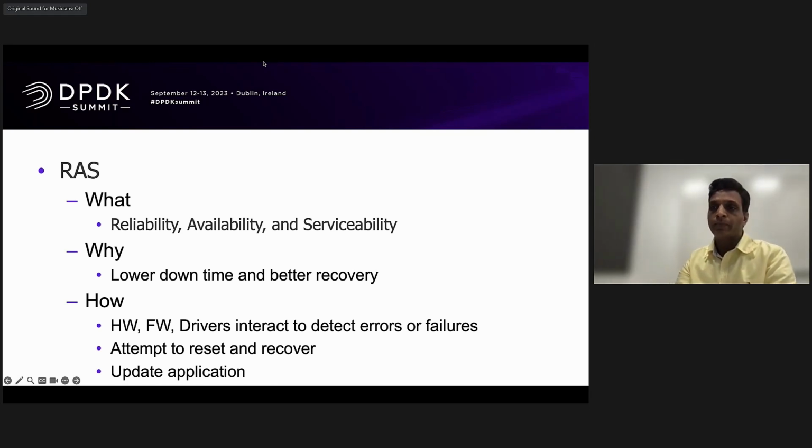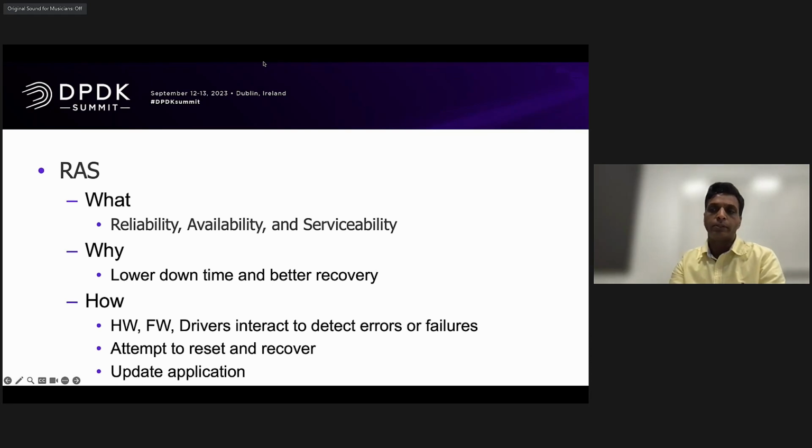Then how do we do it? RAS relies on continuous health check, monitoring, and then, if there is an error, triggering a recovery. For example, if the hardware encounters an error, the firmware can work with the hardware and the device driver to recover from this failure once the error is detected.